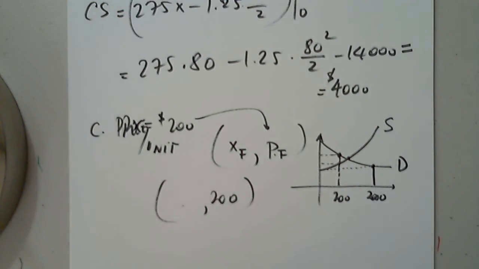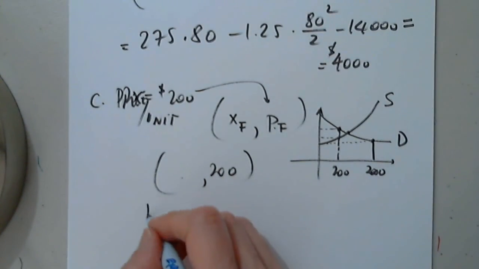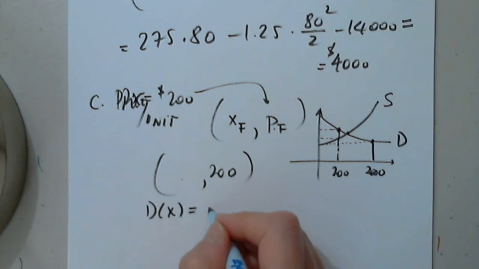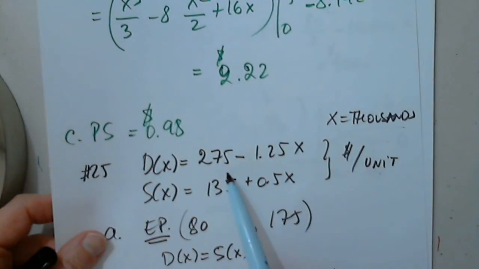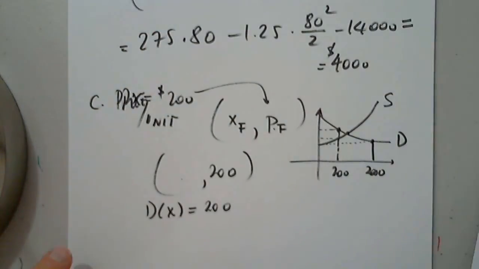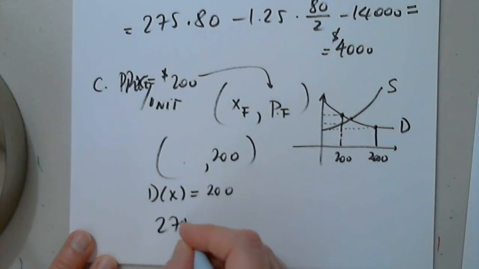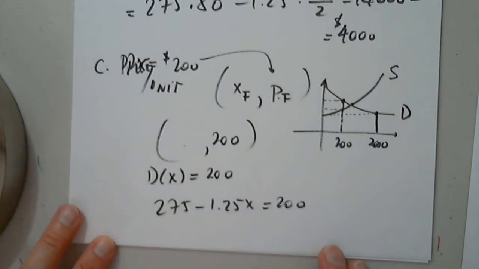So that is only for the demand function. Here we have to set the demand function equal to 200. From the demand function, we have 275 minus 1.25x equals 200.